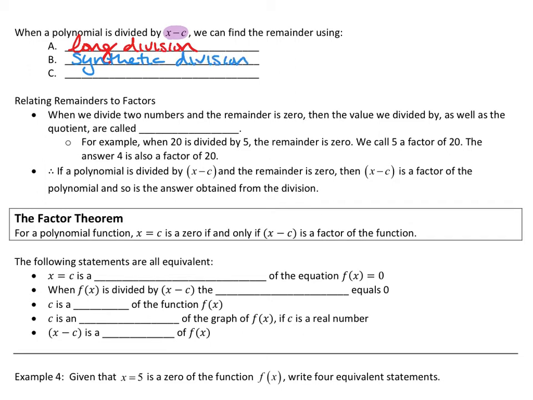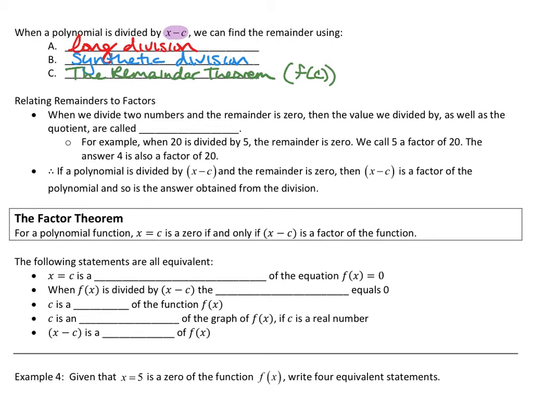Or we can find the remainder using the remainder theorem, which again is just evaluating f of c. You get to pick the version of these that you use. You probably don't want to choose long division since it's so long, but all three of those are valid ways that you can find the remainder when we're dealing with polynomials, which is pretty cool.